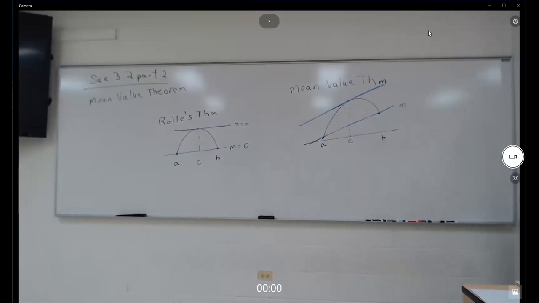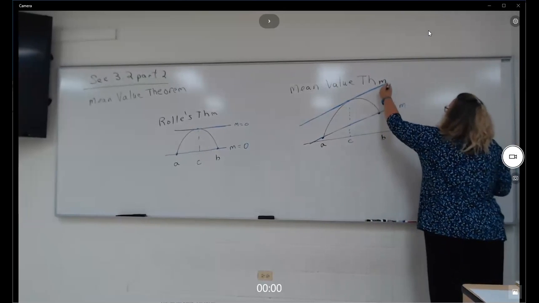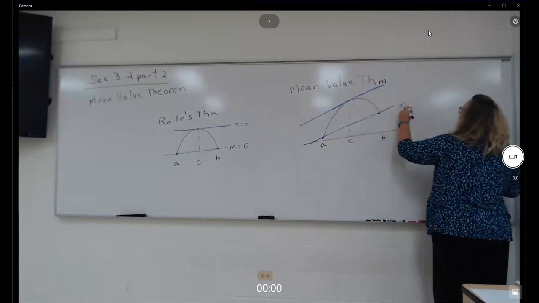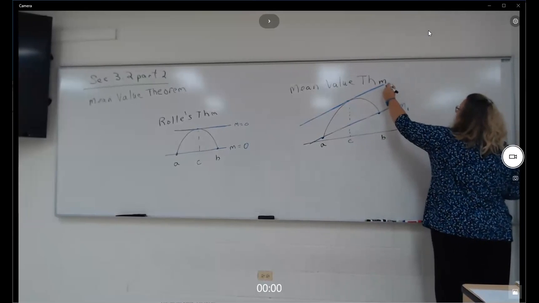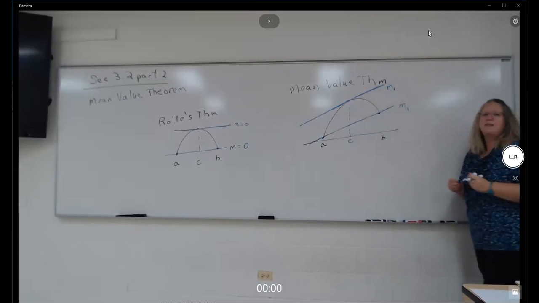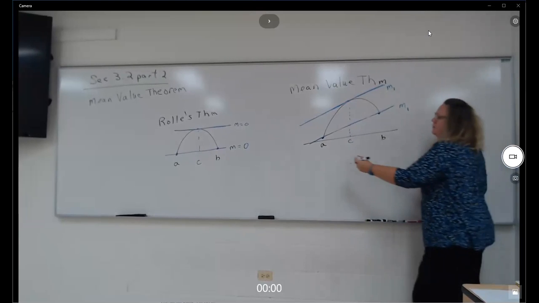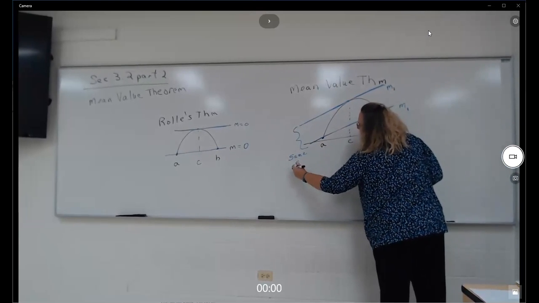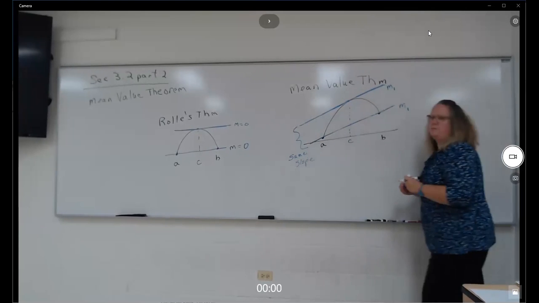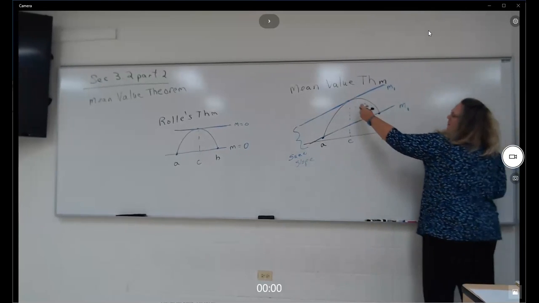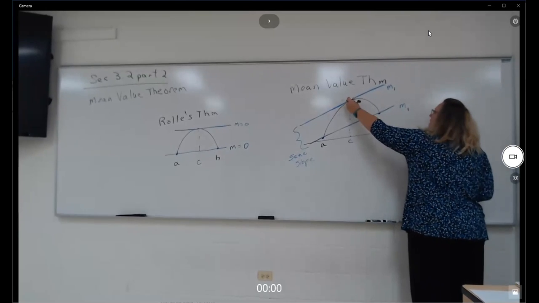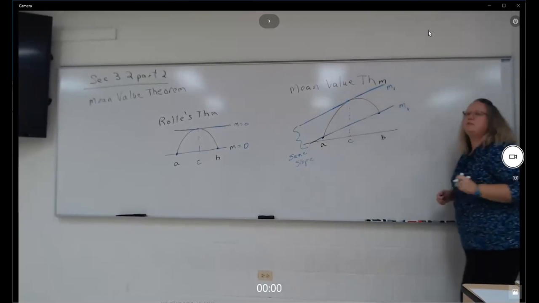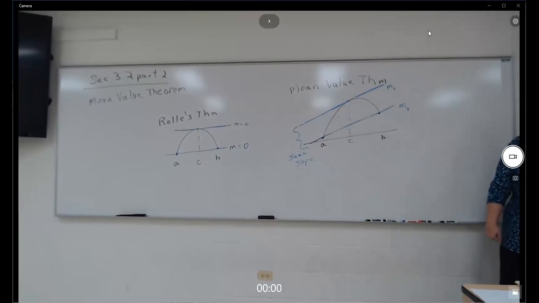Okay, this is just saying, let's call this M1, because whatever that is, this has the exact same slope. Okay? These two lines have the same slope. C is that point that has the same slope as the endpoints.